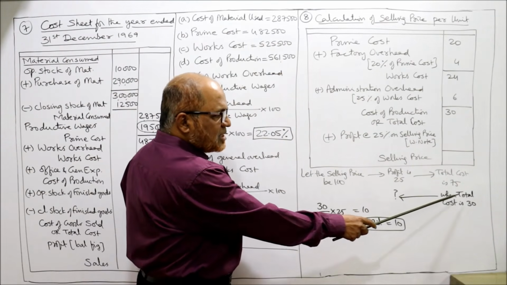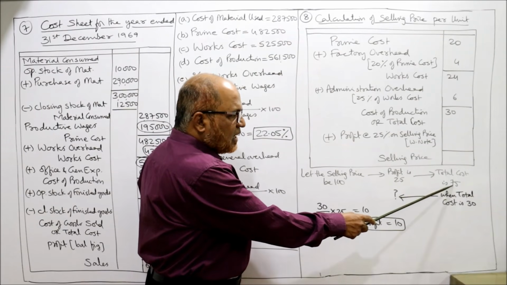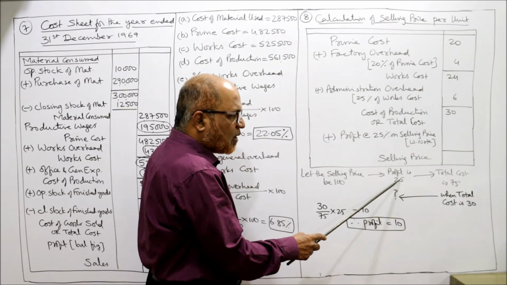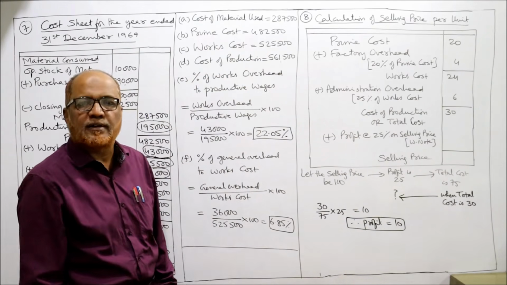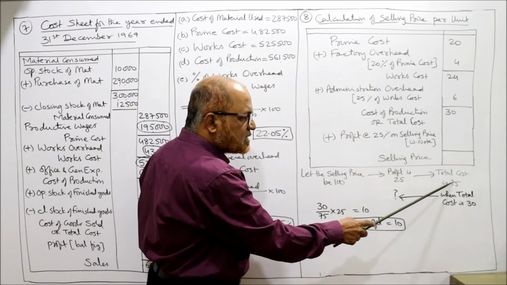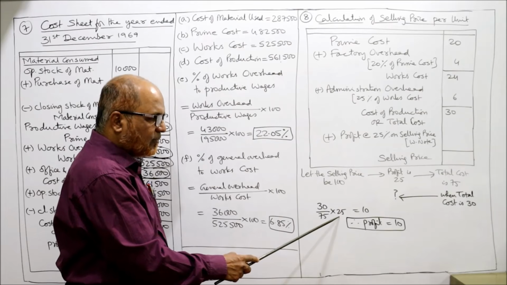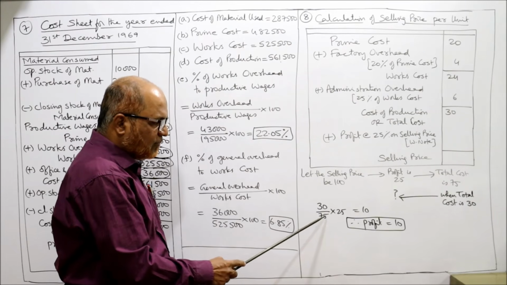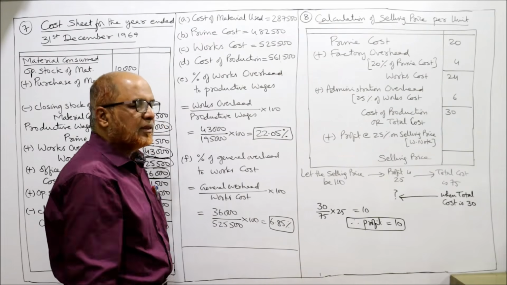When total cost is 30 rupees, how much would be the profit? When total cost is 75, profit is 25 rupees. When total cost is 30 rupees, how much would be the profit? So 30 divided by 75 into 25. 25 1s are 25, 25 3s are 75. 30 divided by 3, 10. That's all.